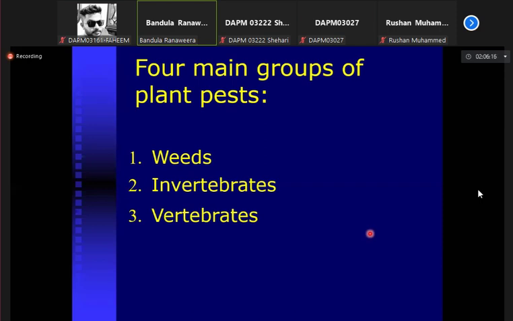And also, as you mentioned, there are microbial disease pathogens who are causing the plant diseases. So those are 4 major groups of plant pests. There can be some additional groups that are not mentioned here, but those are the major groups of pest organisms or biotic factors that are damaging our crop plants.